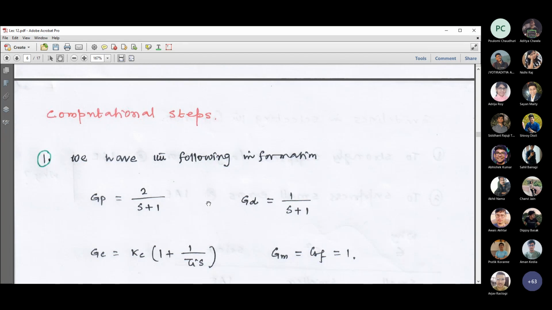We are currently discussing the computational steps involved in controller tuning with the use of time integral performance criteria. For this, let us adopt this process. All five individual transfer functions are known to us: GP, GD, GC, GM, and GF.